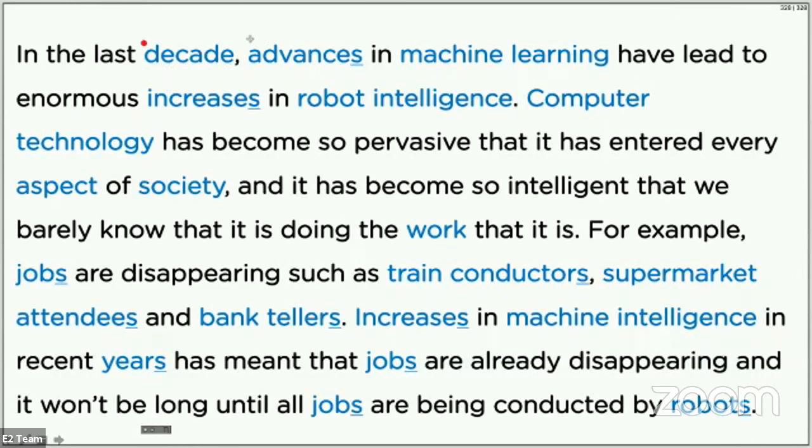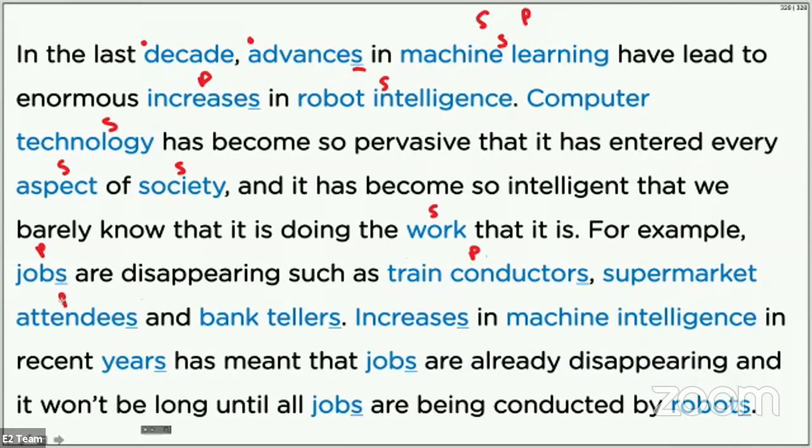Decade, singular, advances, plural, machine learning, singular. So let me put S for singular and P for plural, okay? Singular, plural, singular, singular, singular aspect, society, singular, work, singular. Jobs, plural. Train conductors, plural.